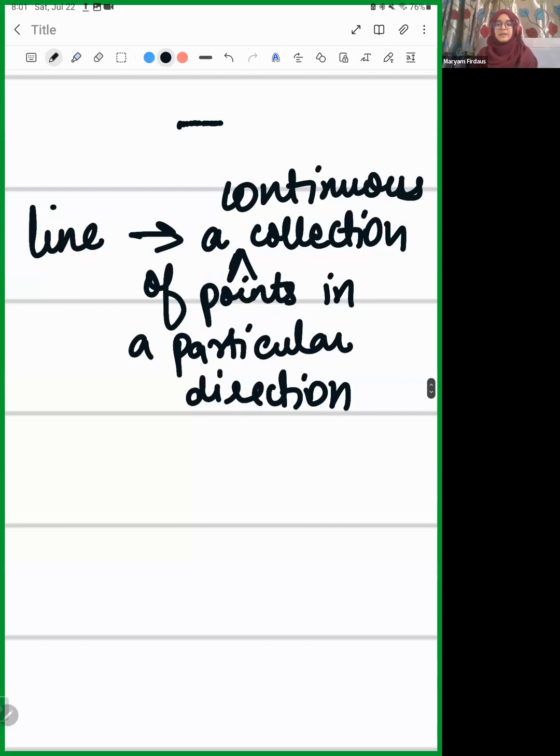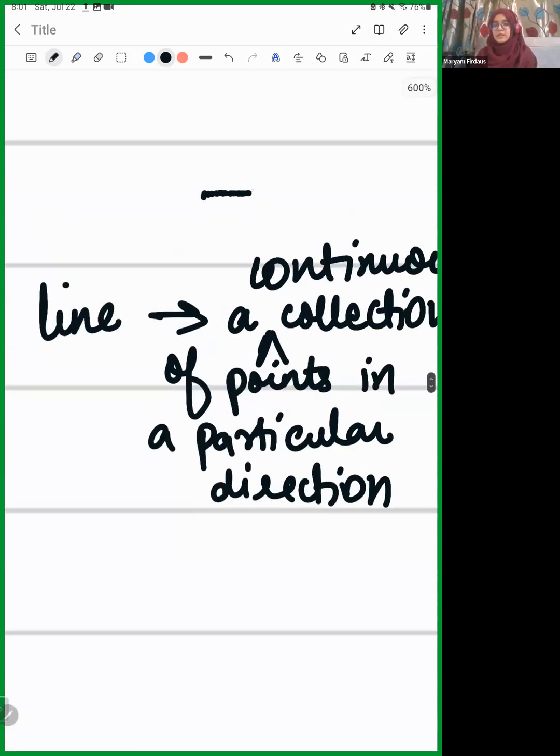That's what a line means. All of these points that we drew over here are right next to each other, and we keep on increasing it in the same direction. We're not going up or down.